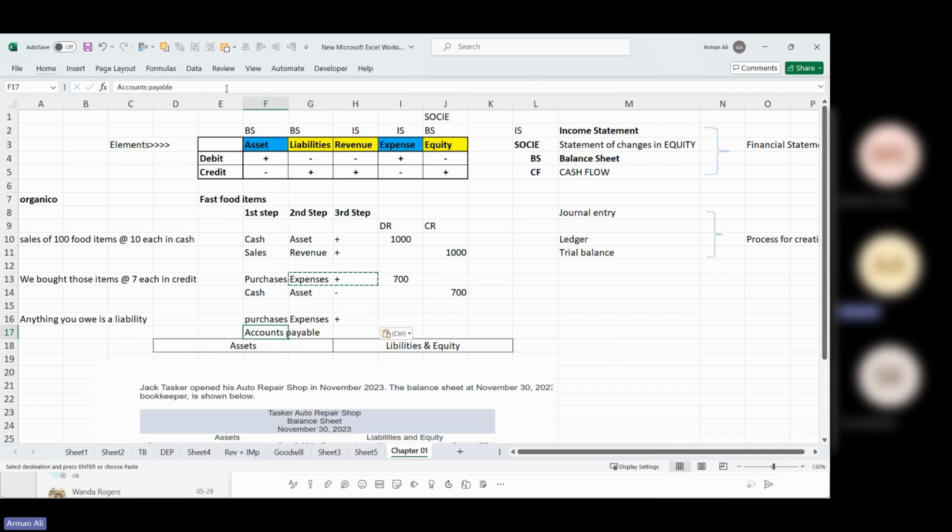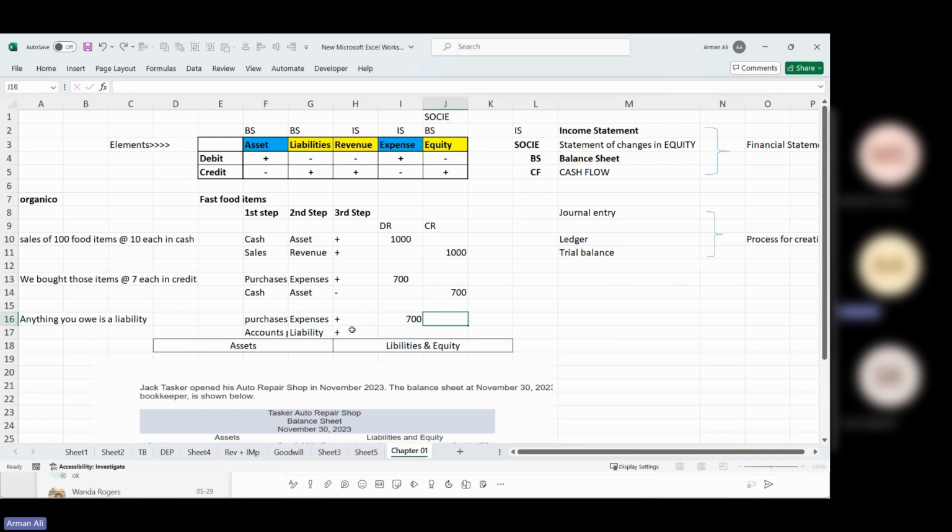But when accounts payable increase, first of all, we have to identify what is accounts payable, and we just discussed it's a liability. And what happens when liability increases? We credit it. But liability, the sign for that is going to be plus.